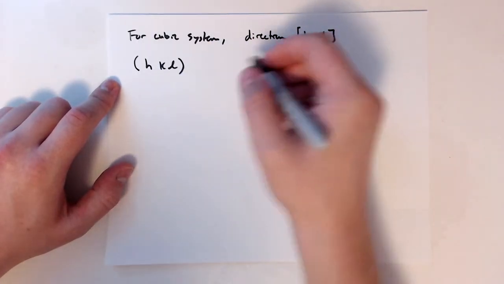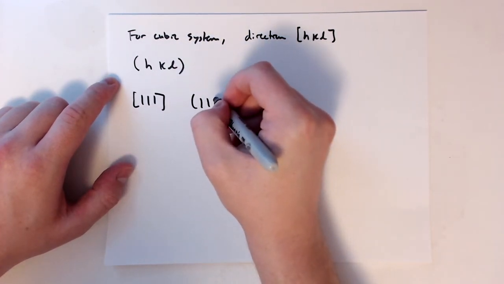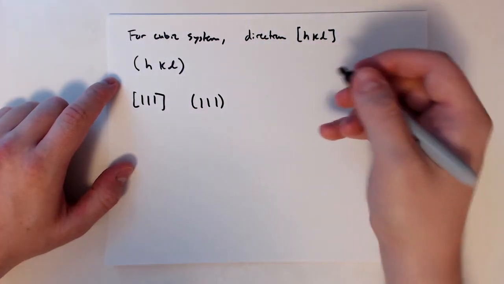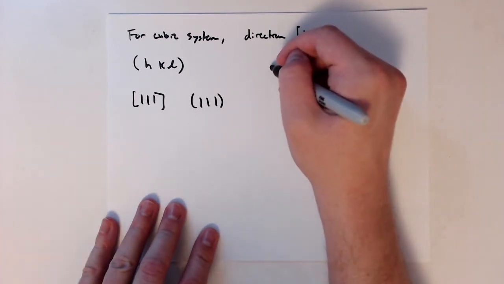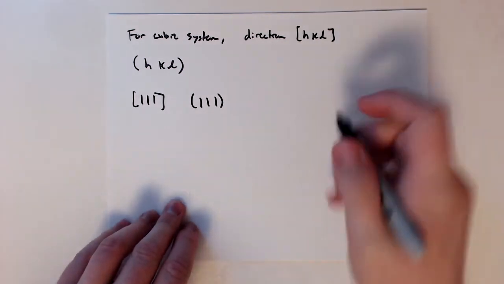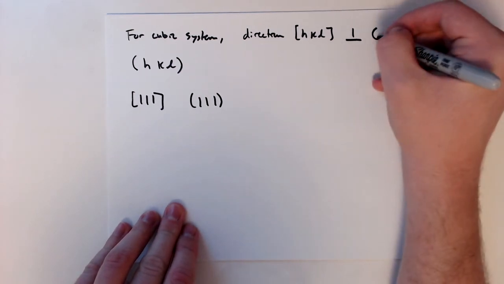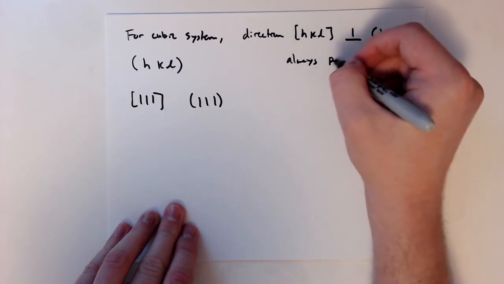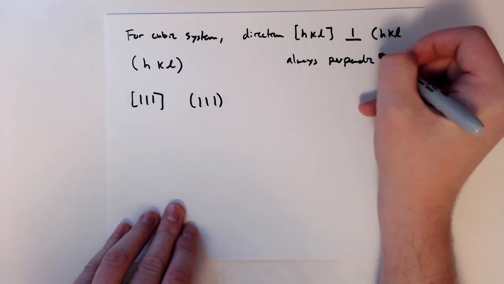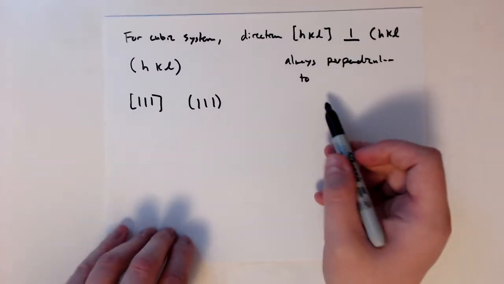That could, for example, be looking at 1, 1, 1 and 1, 1, 1. The important thing here for the cubic system is that these will always be perpendicular. So this plane is going to be perpendicular to the direction HKL. So that's kind of an important distinction.